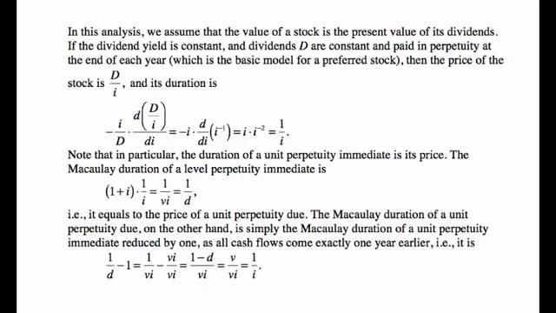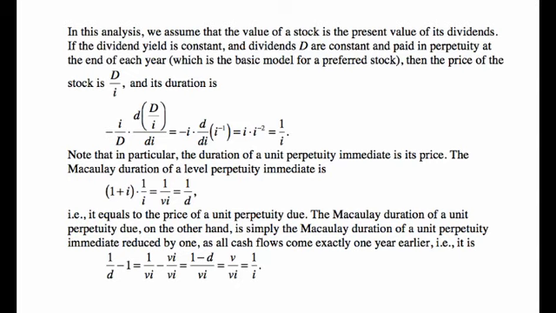Okay, so let's consider a situation where we're trying to value some share of stock as the present value of its future dividends. So if the dividend yield is constant, which is basically the preferred stock case, and dividends D are constant and paid in perpetuity at the end of each year, then the price of this is D over i, where i is an appropriate interest rate.